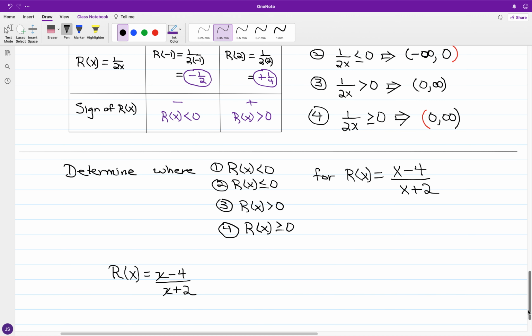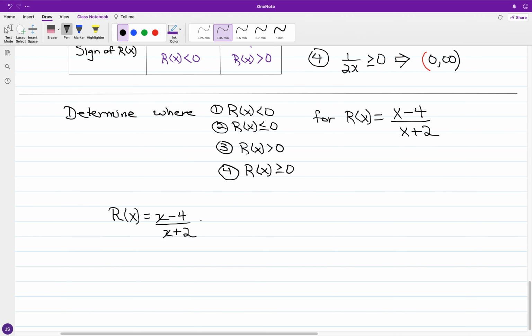If we identify the zeros, from the numerator, if x minus 4 is equal to 0, we have that x is equal to 4.